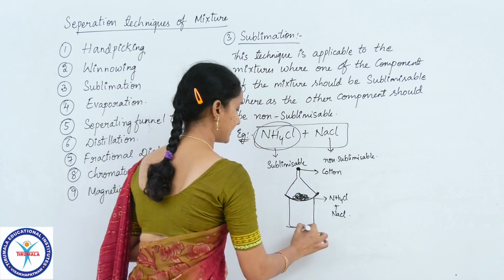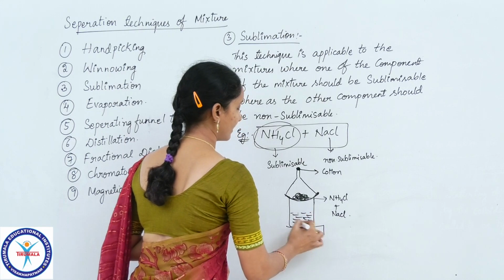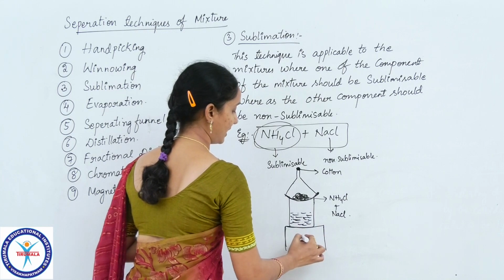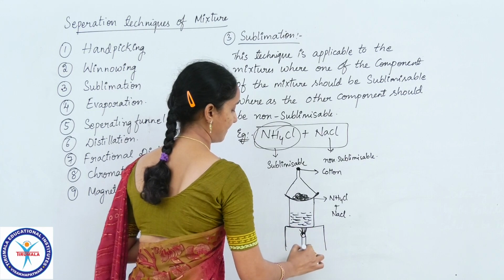Now place this beaker containing water upon a table and just heat this beaker with a Bunsen burner.